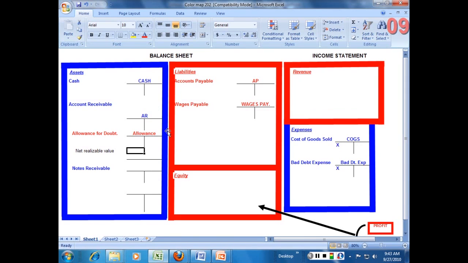There isn't a formal T account for net realizable value. It's a computation of the two accounts that are used to calculate it, and those two accounts would be the control account for accounts receivable, which is made up of all the subsidiary accounts receivable, all the customers that owe you money build up to make accounts receivable control, and then collectively all of the reductions in those receivables.